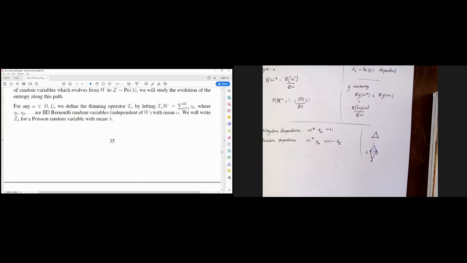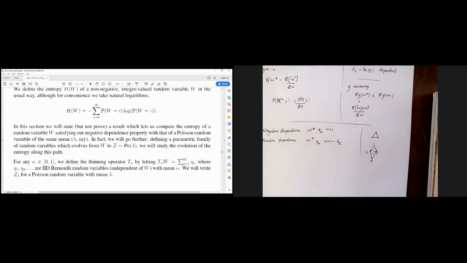I can compare the entropy of this random variable W to the entropy of a Poisson random variable. I can show you that the entropy of W is less than or equal to the entropy of a Poisson. So it gives me another way of comparing W to Poisson in the setting where I have this negative dependence.